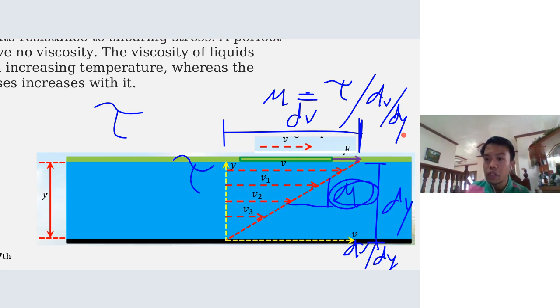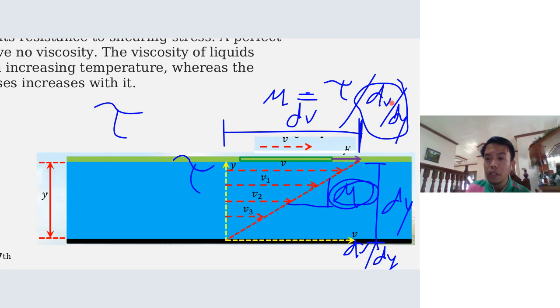Okay, in which dv over dy is the change in velocity with respect to the depth.